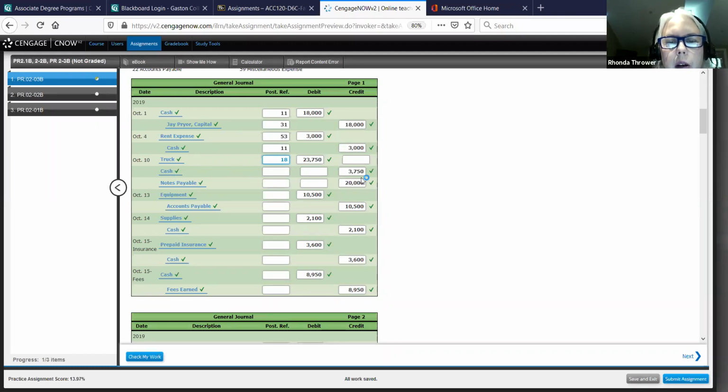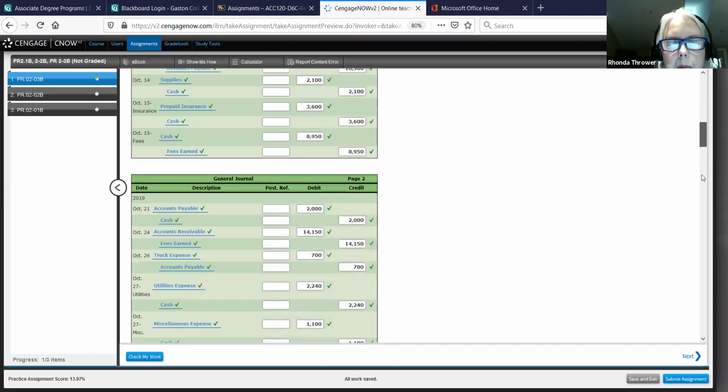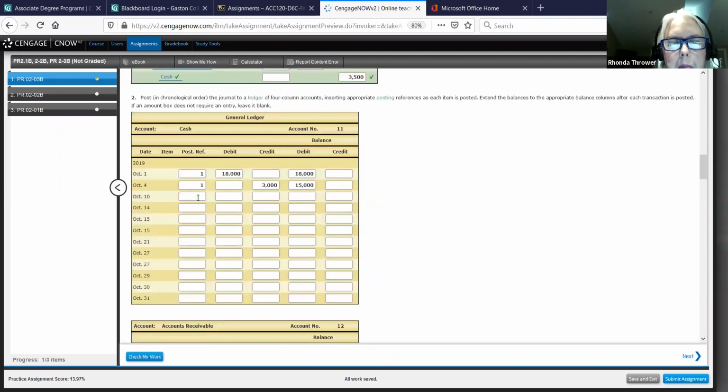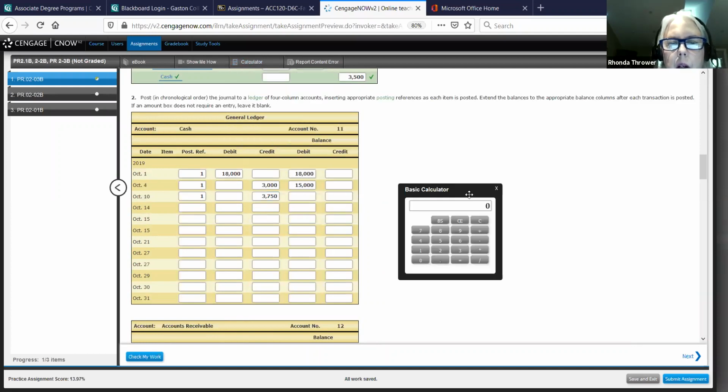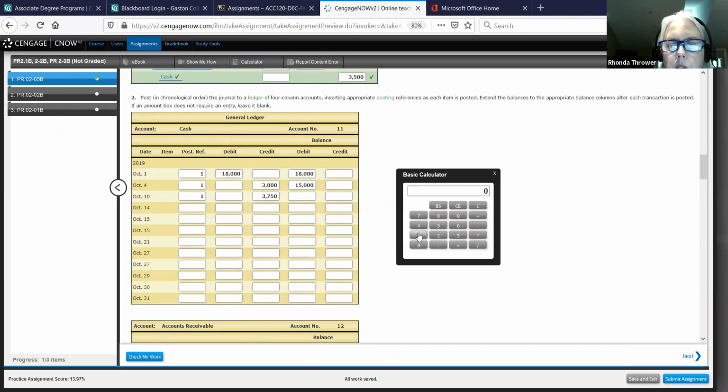I'm going to credit my cash now for $3,750. So I'm going to look for my cash. I'm going to put in, it came from page number 1. I am crediting it this time for $3,750, and I've got to balance my account. So the previous balance was $15,000.